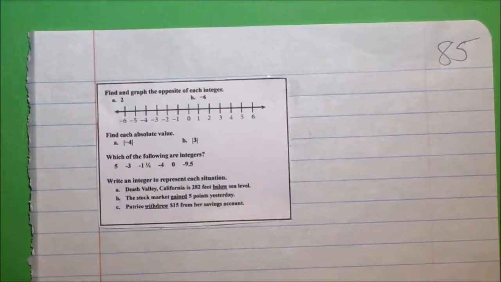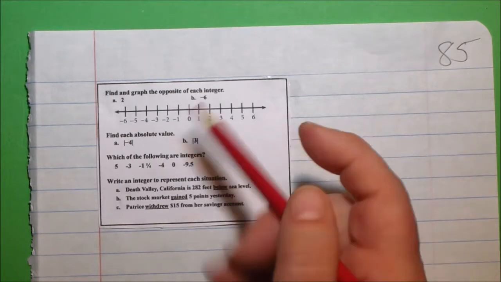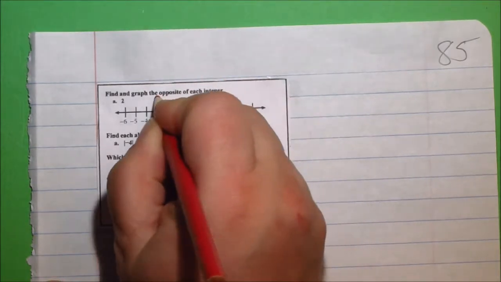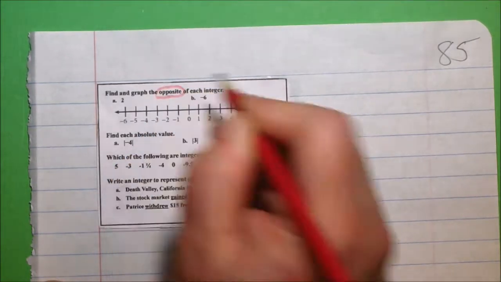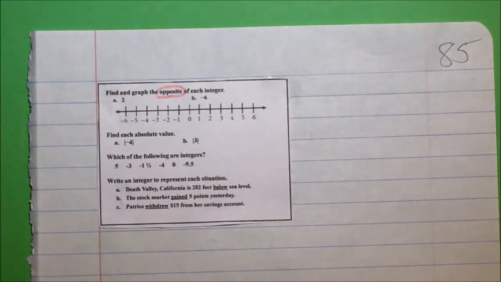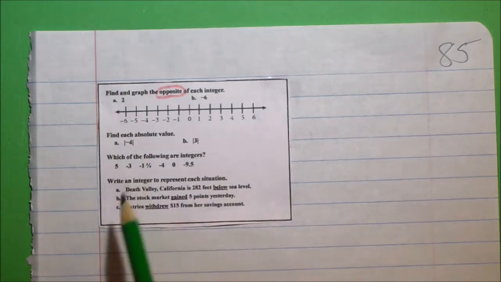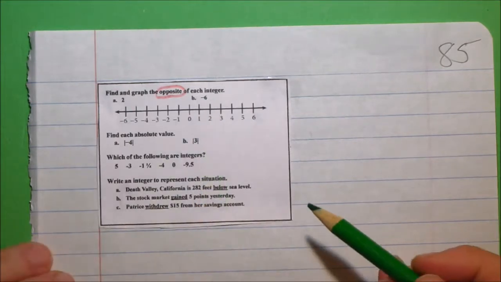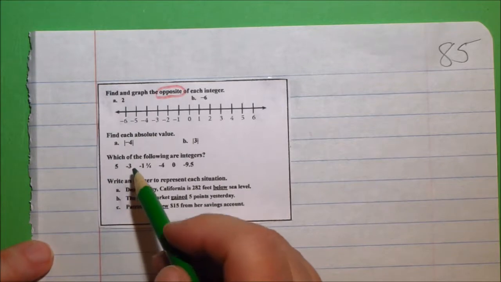All right, so the first thing says, find and graph the opposites. I'm going to circle opposite right now of each integer. Well, the integers they are giving us are 2 and -6. But it didn't say graph 2. It didn't say graph -6. It said graph the opposites. So what's the opposite of 2?